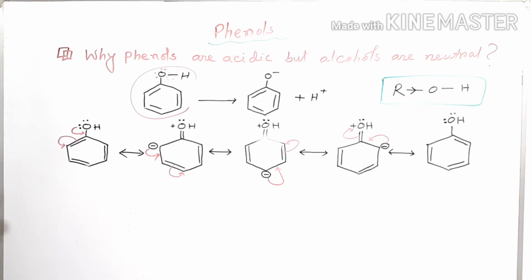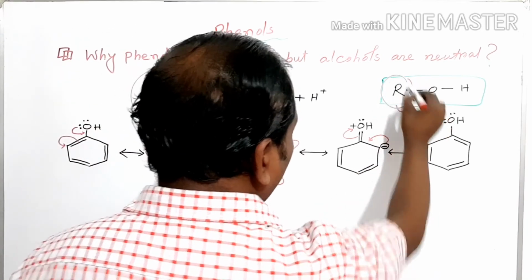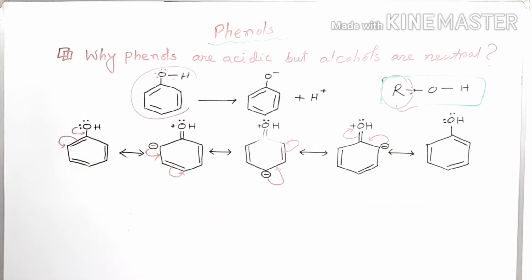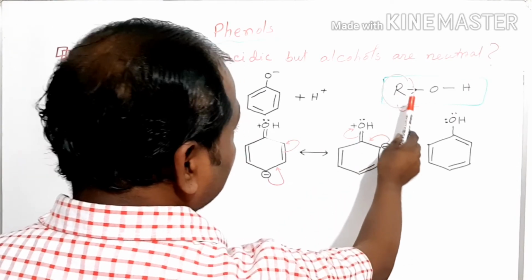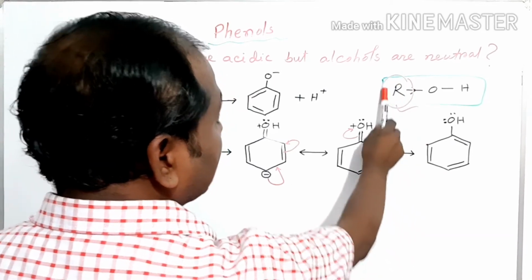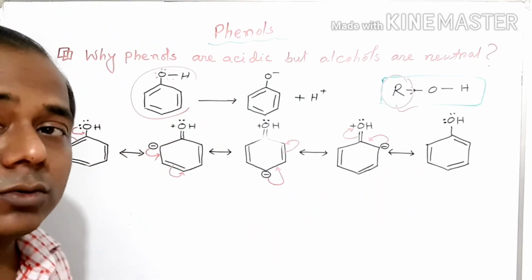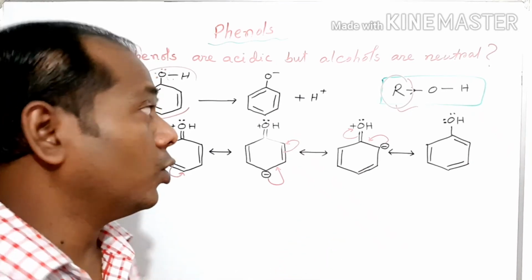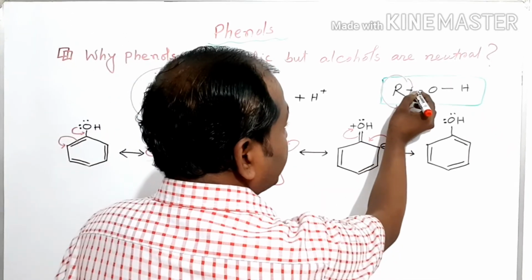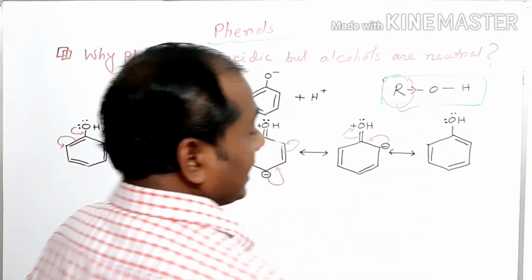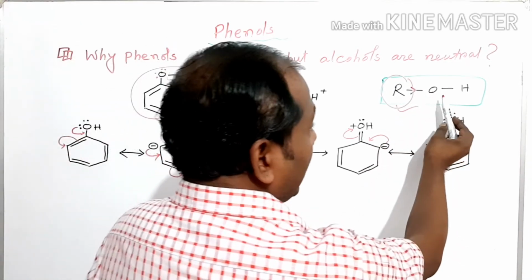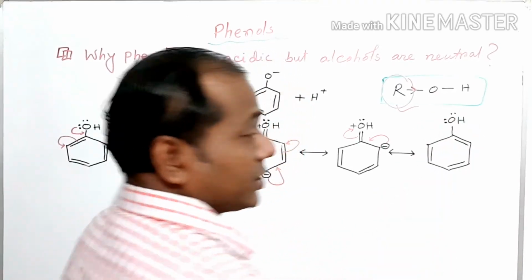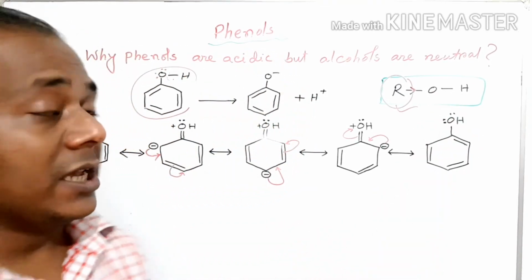But in alcohol we see that this one is alkyl group. Alkyl group is present here, and this alkyl group is electron releasing group, so this alkyl group pushes electron towards oxygen atom, and that's why oxygen hydrogen bond becomes stronger.